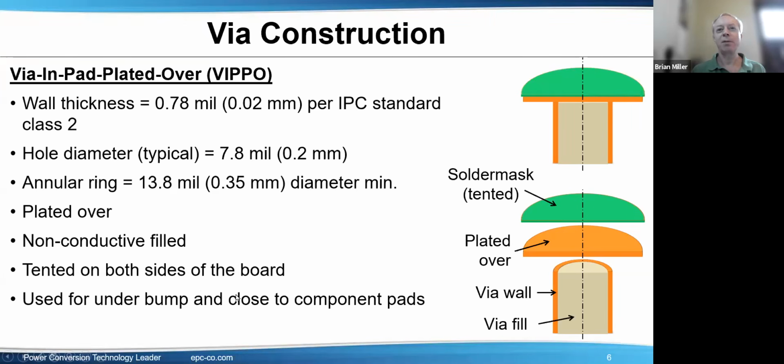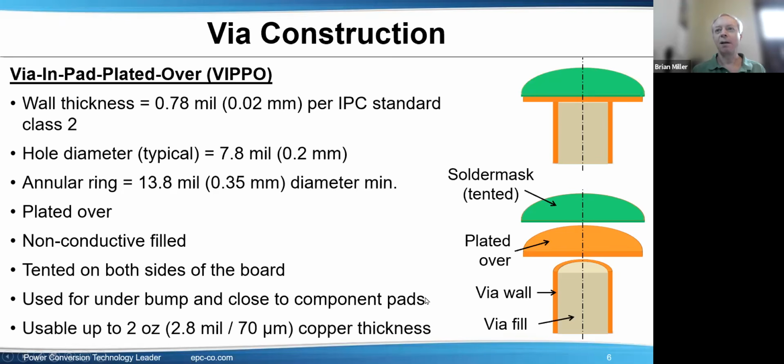This can be used for under the bump and also close to component pads. If you have something that overlaps or is very close, that's good. It keeps the solder from going down into the vias, which would be not so good. So this is usable up to 2 ounces of copper thickness, which quite often is the maximum thickness that is used in a lot of boards anyway.